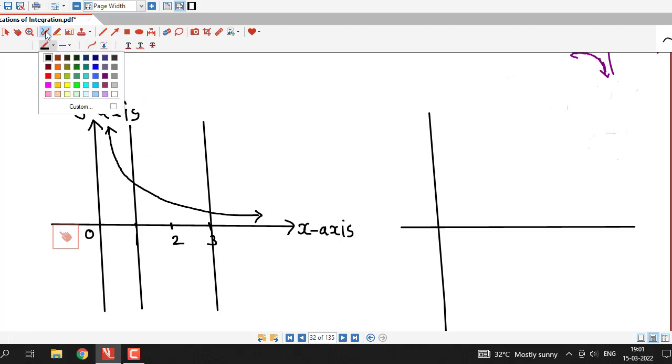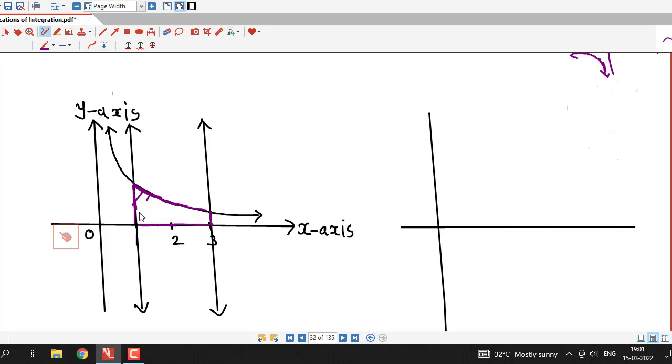So these are the lines parallel to y-axis. This is x equal to 1, this is x equal to 3, and this is the graph of y equal to 1 by x. And we have to rotate this plane region about x-axis.